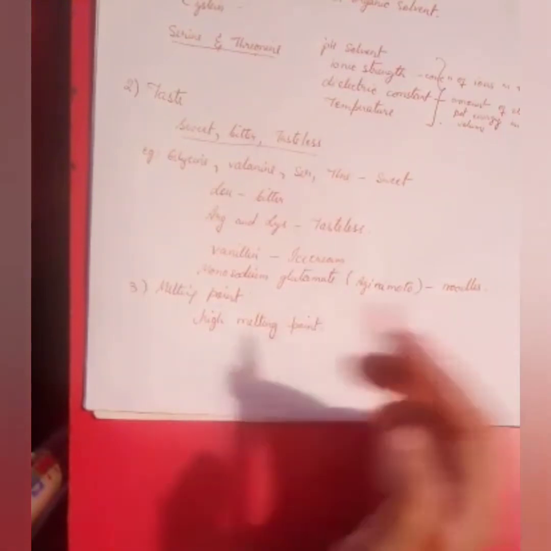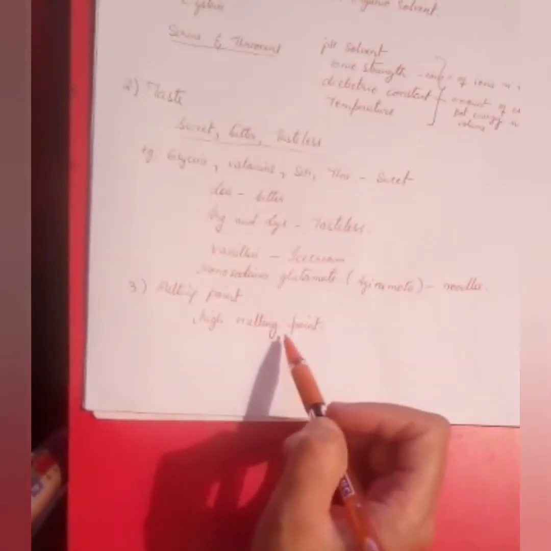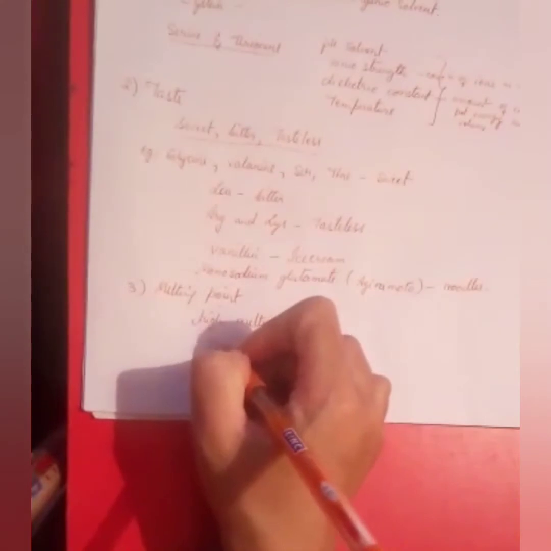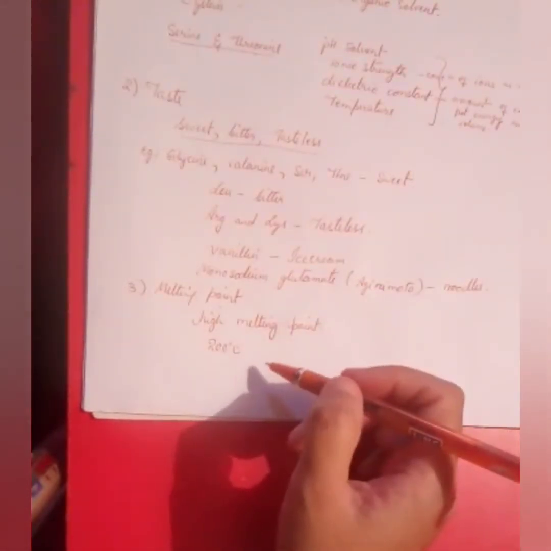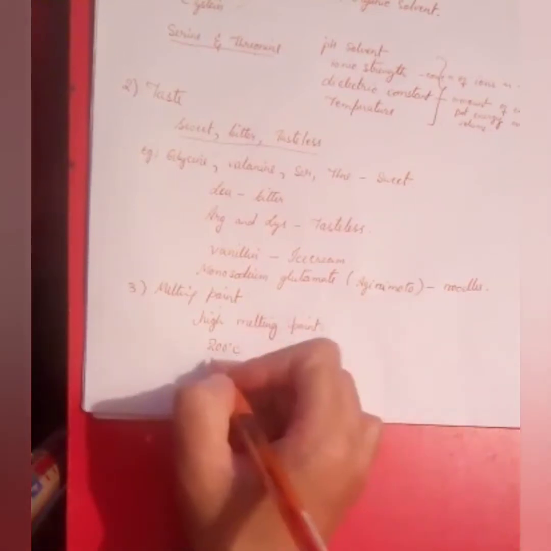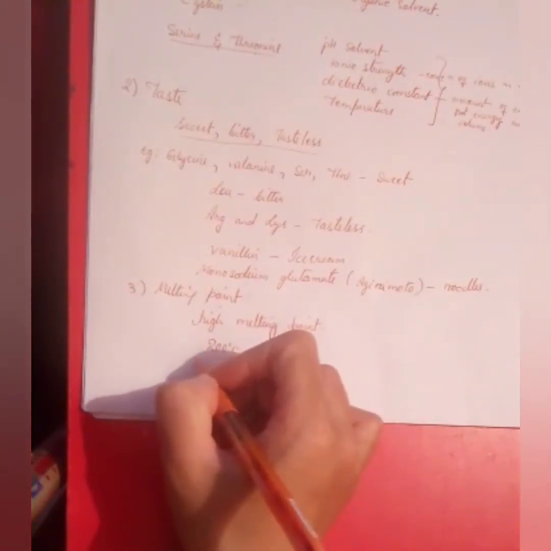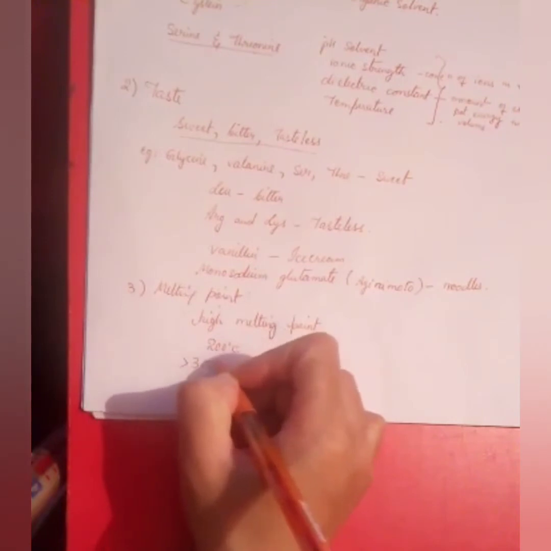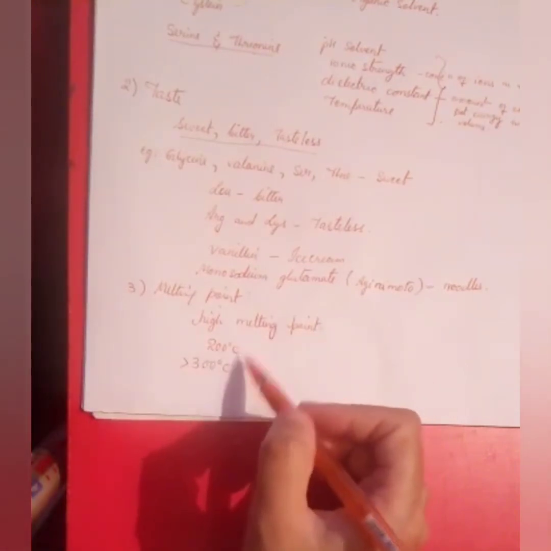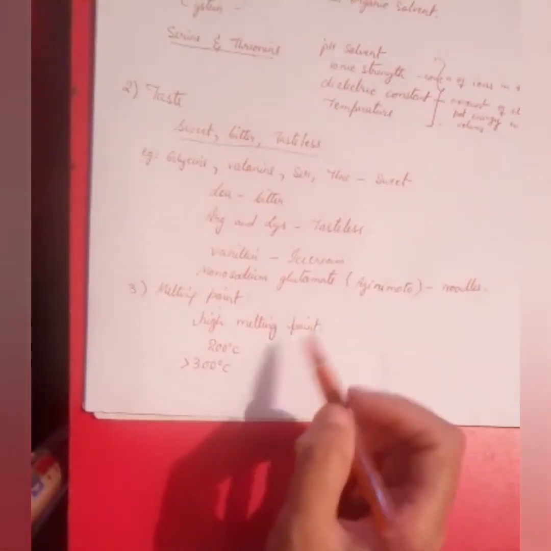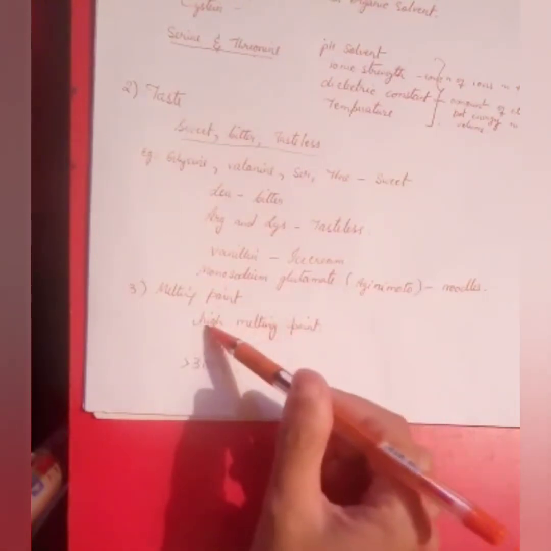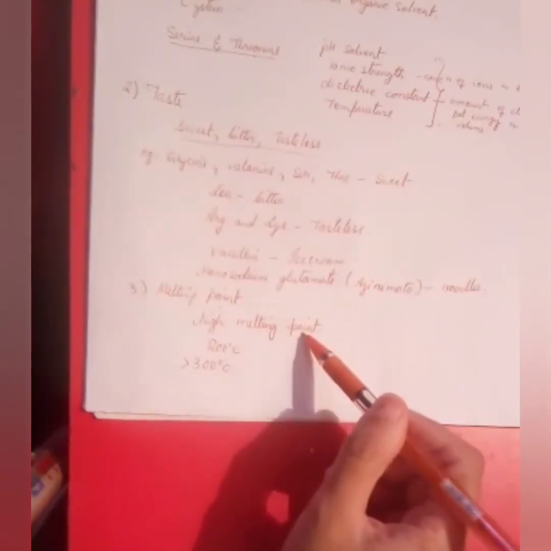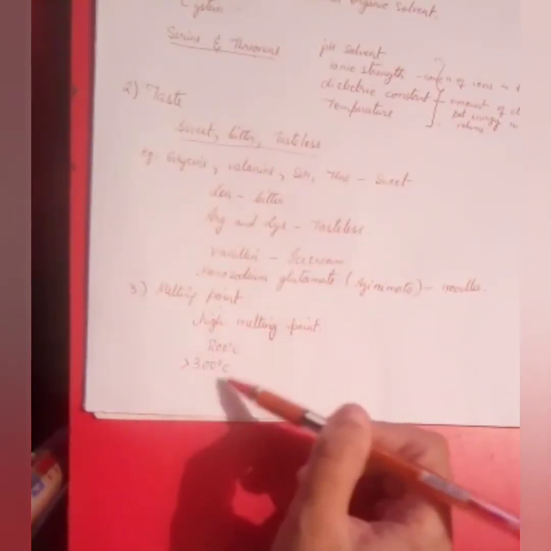In general, amino acids have a melting point of more than 200 degrees centigrade, and some even have more than 300 degrees centigrade. This is a very high melting point compared to other organic compounds.